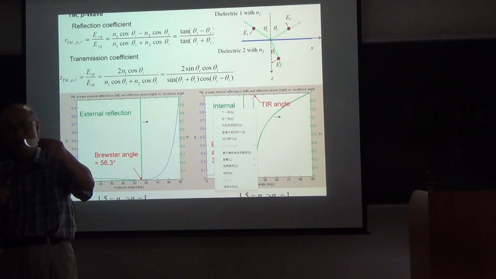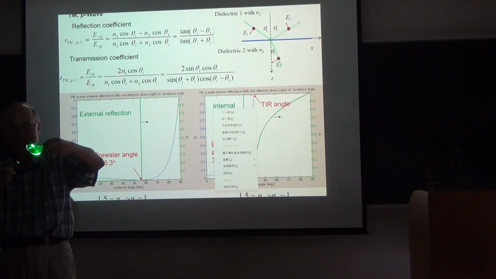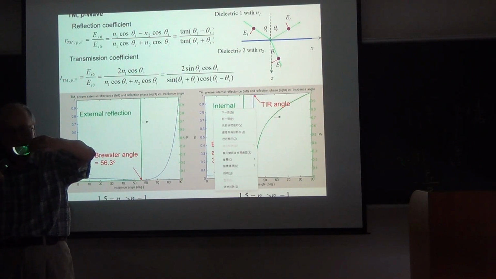Let me do it. You still see transmission, but if I increase the incident angle, at a certain point, it disappears. All the energy just goes down onto the table, and you don't see any transmission up there. This is total internal reflection.